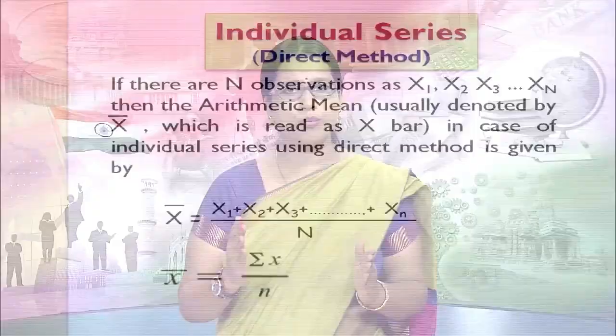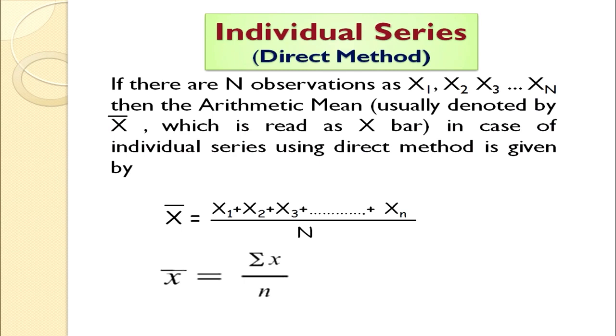In case of individual series, when we want to compute arithmetic mean by direct method, what do we do? Here we have information that there are n number of observations, x1, x2, x3 till xn. Then arithmetic mean, usually denoted by x bar, can be calculated by summing up all the item values, that means x1 plus x2 plus x3 till xn, and then dividing by n.